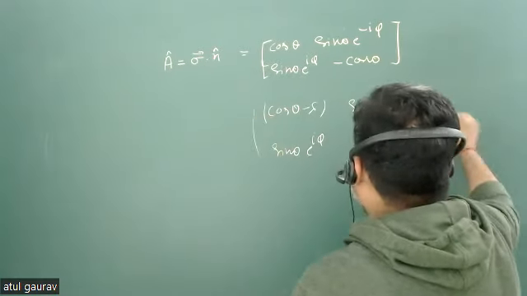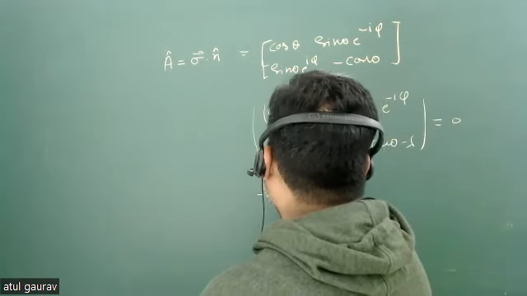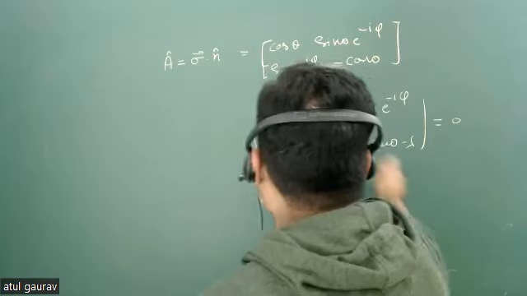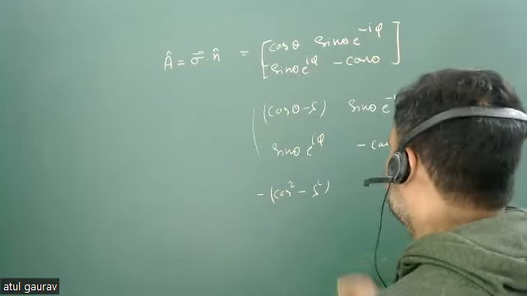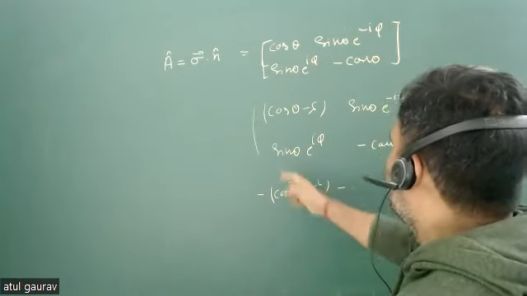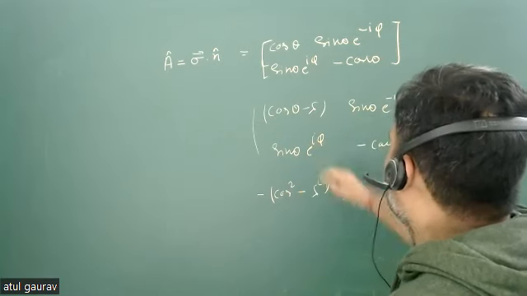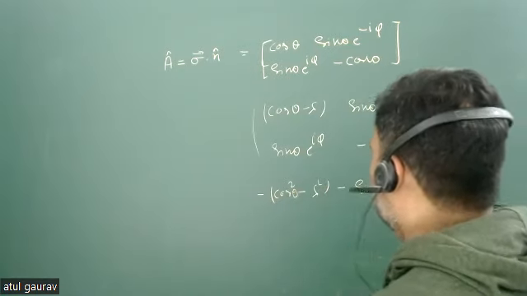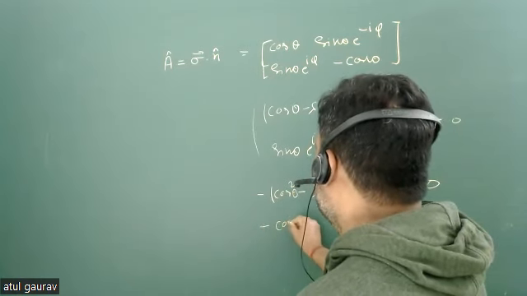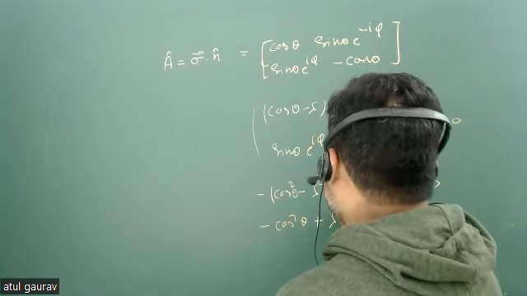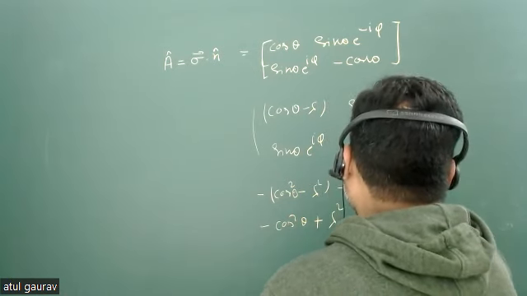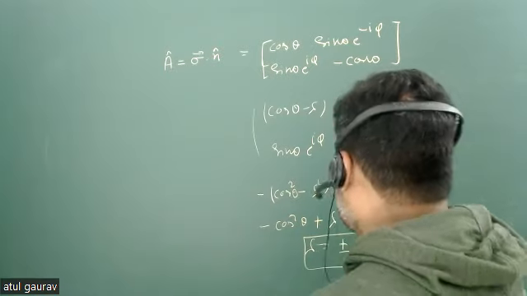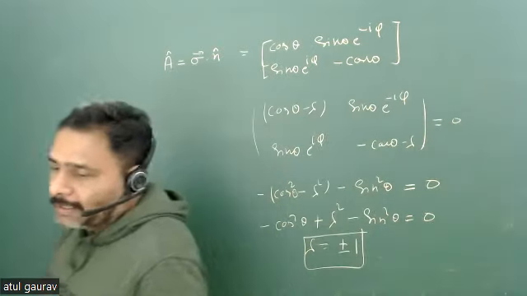And this must be equal to 0. You can take the minus sign common. Cos square theta minus lambda square. If we multiply these, it will come, right? Yes sir, it is coming. Very good. Minus, multiplying these two, what will happen? Sin theta, sin square theta, these two will cancel each other. So you have sin square theta, I forgot to write theta. This value is equal to 0. So you have minus cos square theta minus minus plus lambda square minus sin square theta, that must be equal to 0. So lambda is equal to plus minus 1. Yes? So the eigenvalue of this matrix is plus minus 1.